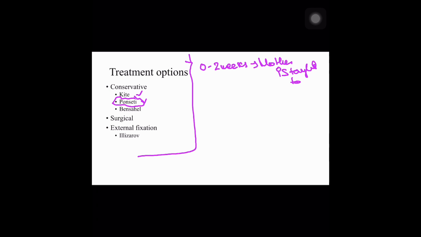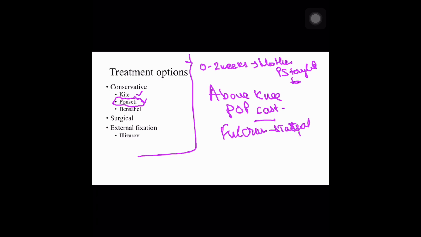But after 2 weeks, the doctor is responsible, and the doctor does the manipulation and uses an above knee POP cast, up to the metatarsal head, and the fulcrum of correction. The fulcrum of correction is the talar head. And if there is too much correction, it is known as rocker bottom foot.